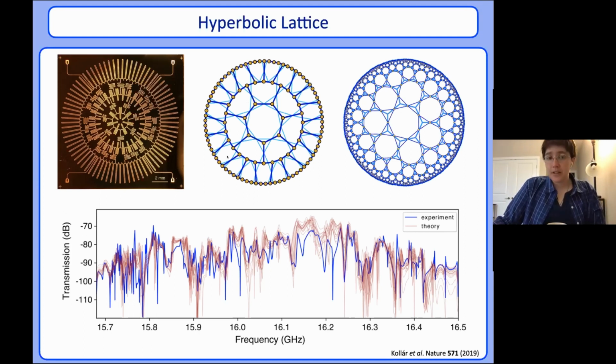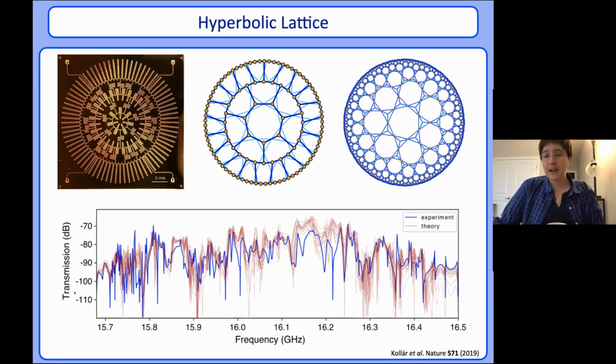These resonators are actually laid out on a hyperbolic version of the honeycomb lattice that, instead of having hexagonal plaquettes, has heptagonal plaquettes. This particular sketch shows the actual device geometry, and this is a more visually pleasing conformal drawing of the infinite version of the lattice that this is a piece of.